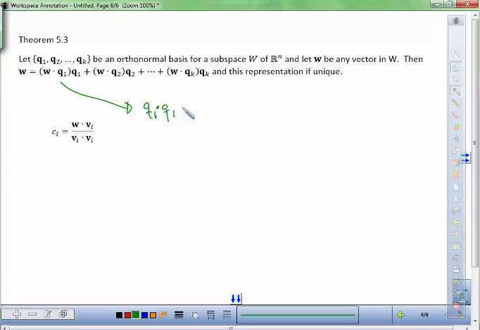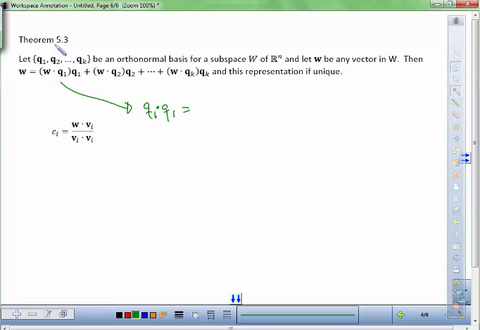Because they just have the top, the W times the vector, because there's no reason to divide out the magnitude of the vector if it's a unit. That's what I was looking for. So Q1 dotted with Q1, which is what this first one is supposed to be divided by, because Q comes from an orthonormal basis.